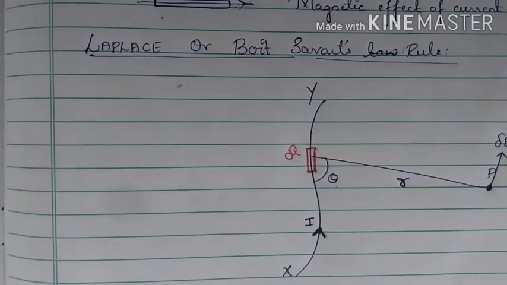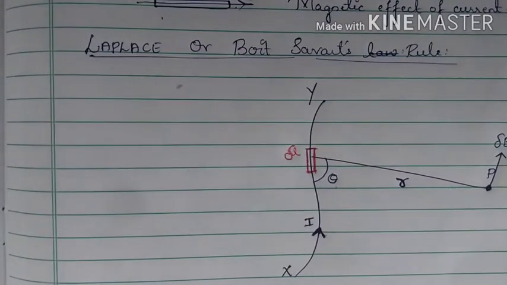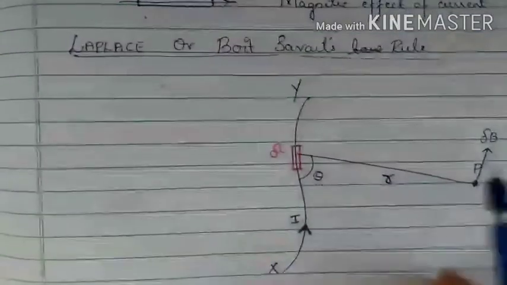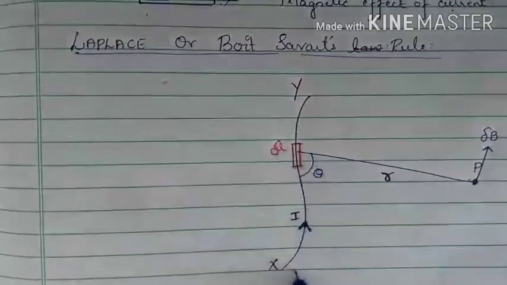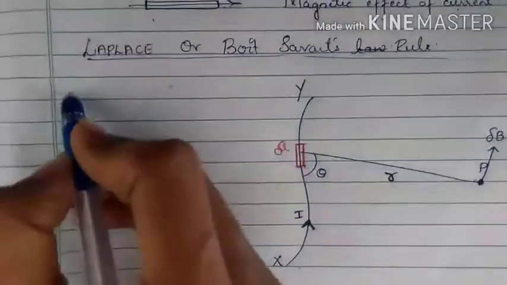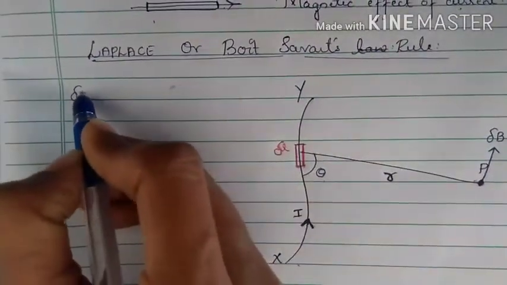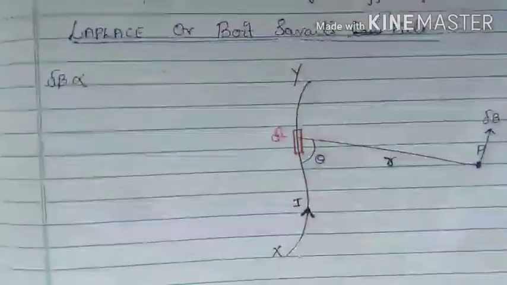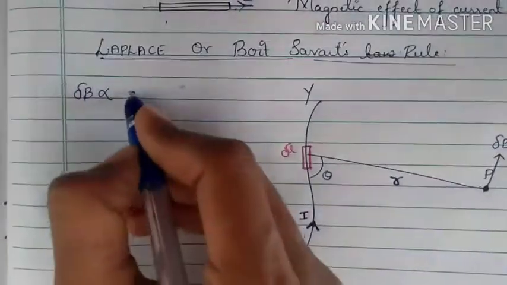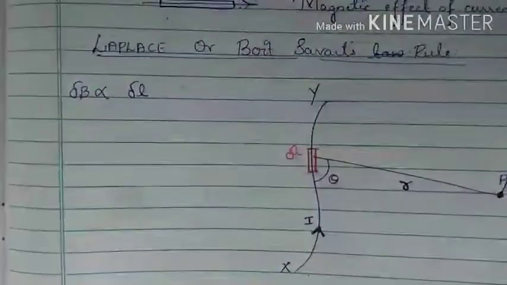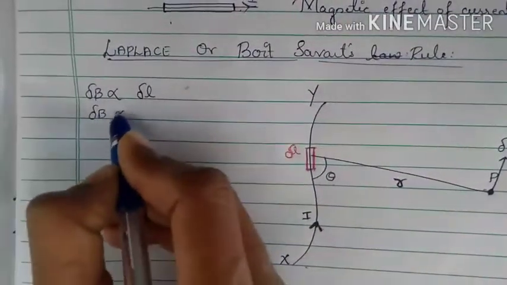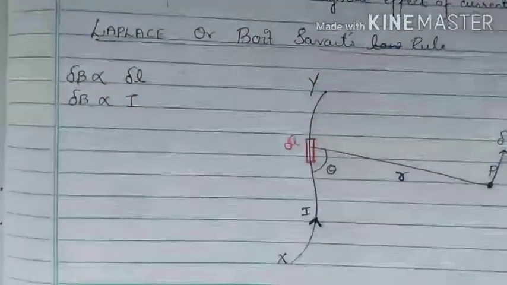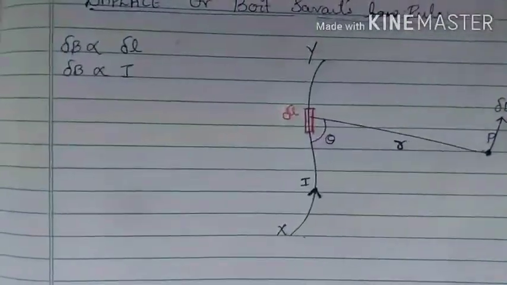So what Laplace rule states is: the magnetic field at point P due to this current element is directly proportional to the length of the current element, that is delta L, and it is also directly proportional to the current passing through the conductor.